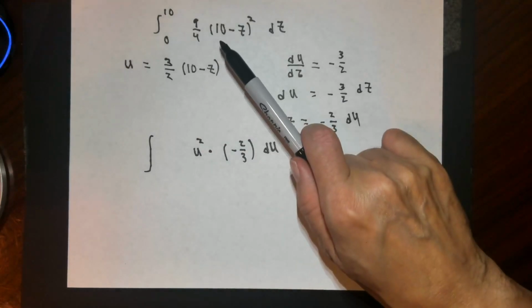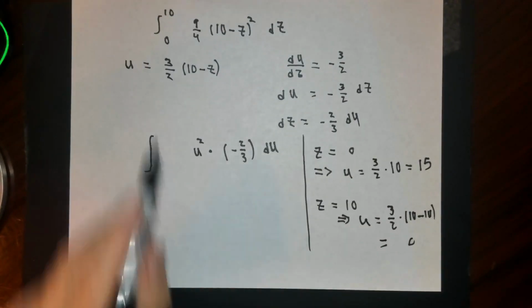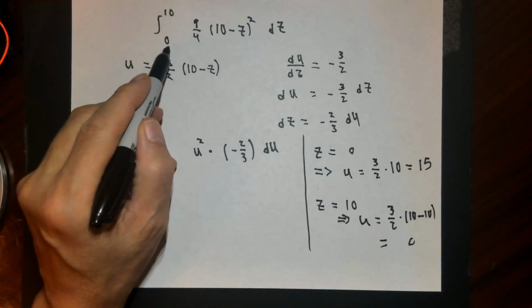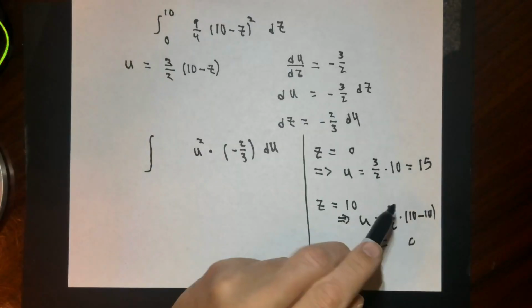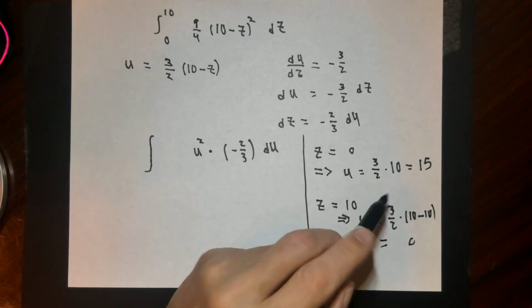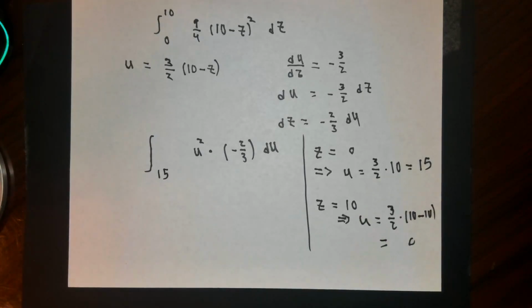If we abuse the language in the same way we did in Calculus 1, we'll find out that dz is negative 2/3, kind of, sort of, times du. This is the expression I'll write instead of dz. The rest of it, 9/4 times 10 minus z quantity squared, is just u squared.